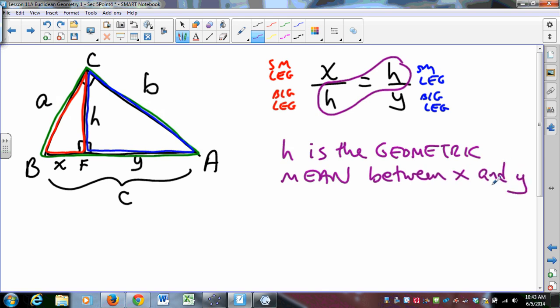If I want to know what h squared is, that's x times y. So that's an interesting thing to notice. It flows from similar triangles.